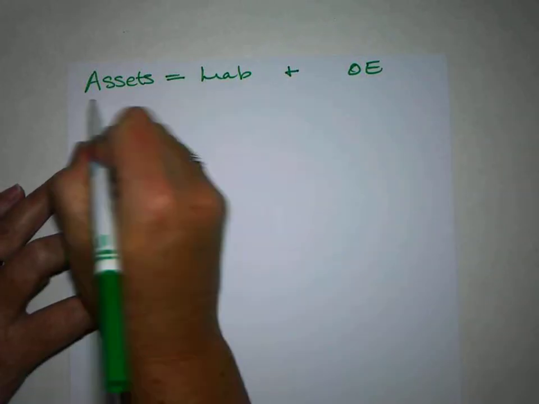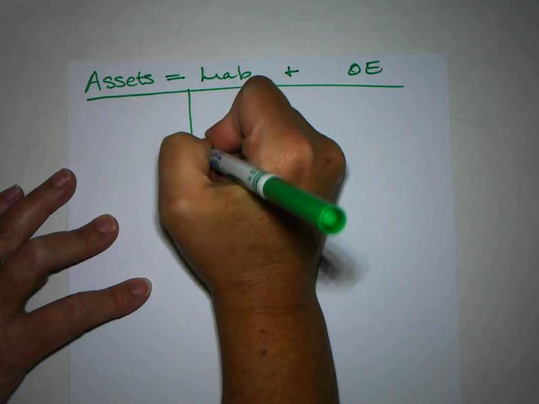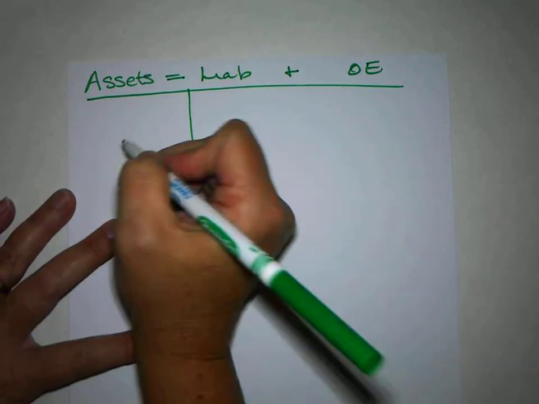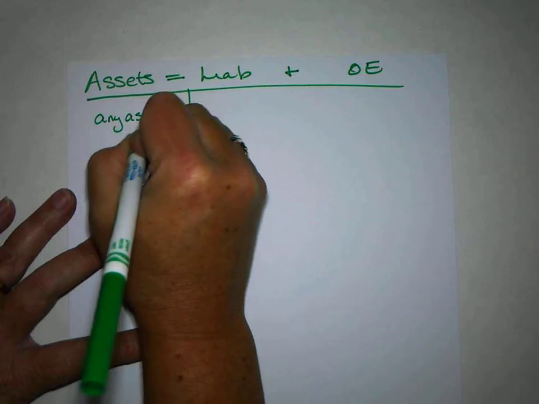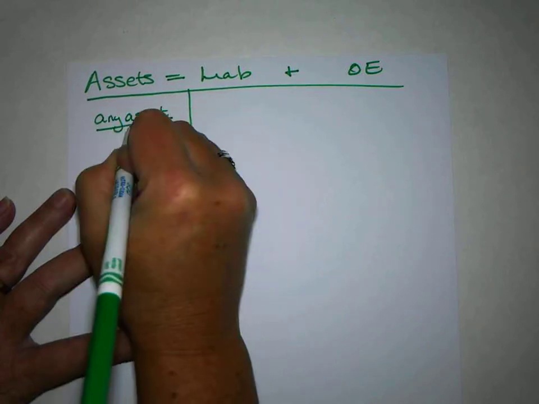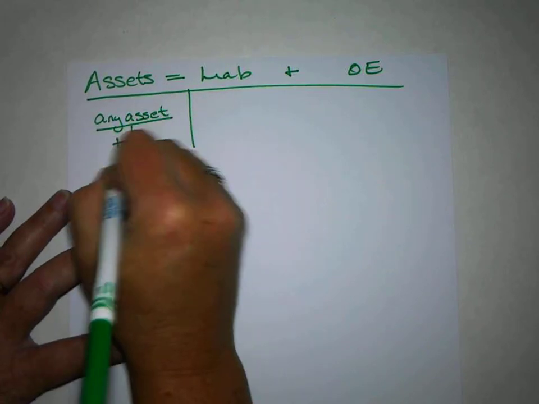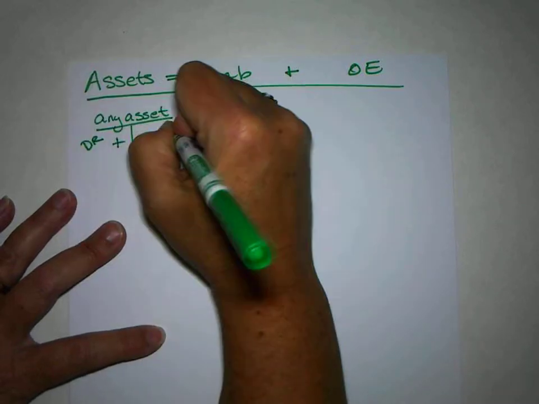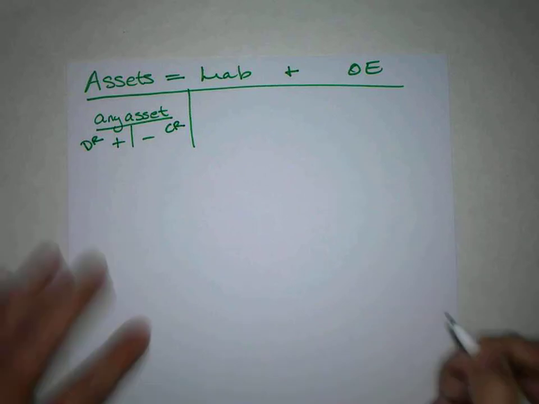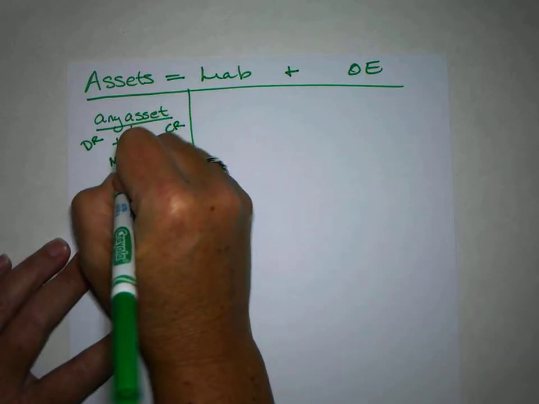Okay, and here you got your T. And again, any asset, and the T for that is your plus and your minus. Okay, debits on the left, credits on the right. This is of course your normal balance.